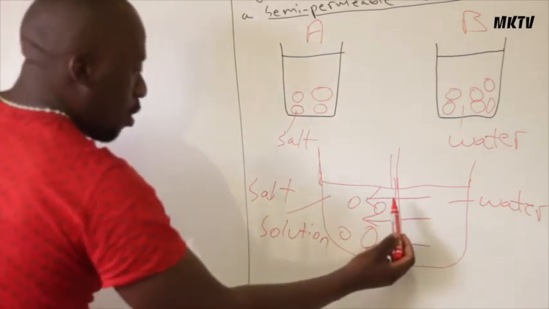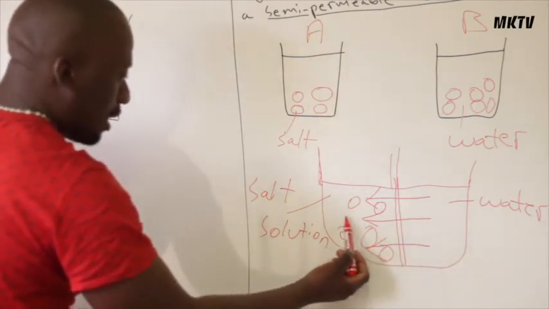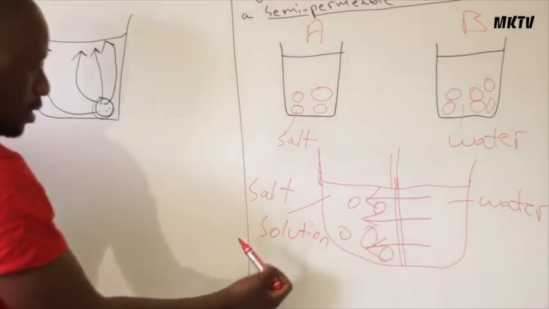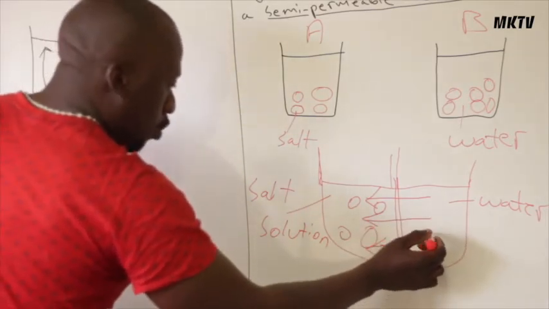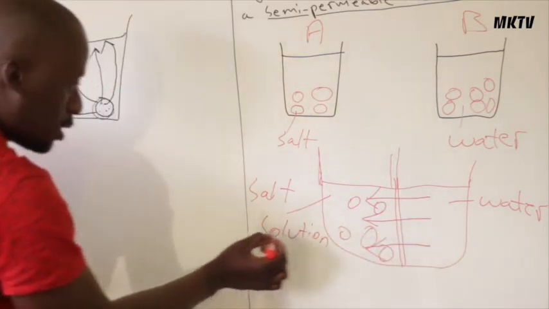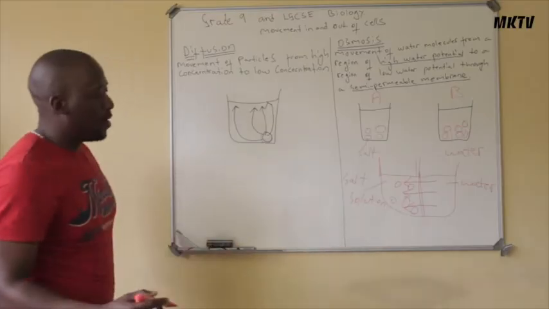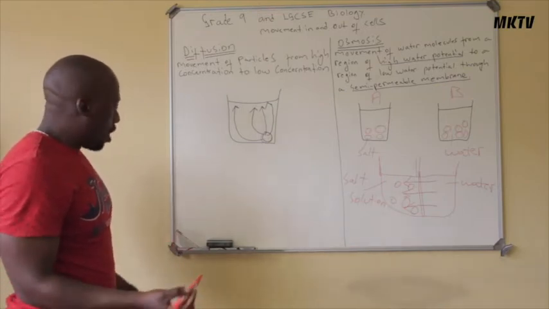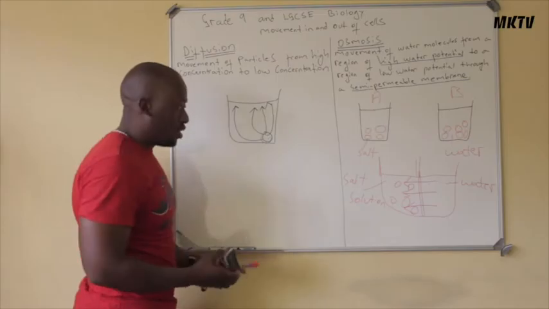So water is going to move from this side to this side through the semi-permeable membrane, which means particles of water are going to pass the semi-permeable membrane. After some time we are going to see a change in the level of the solutions.